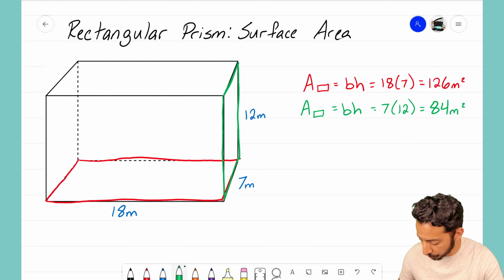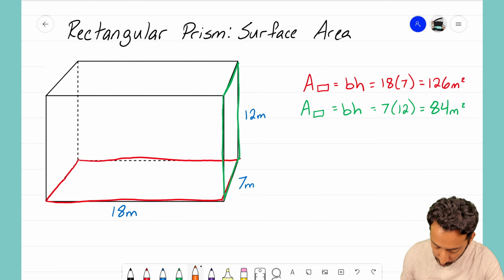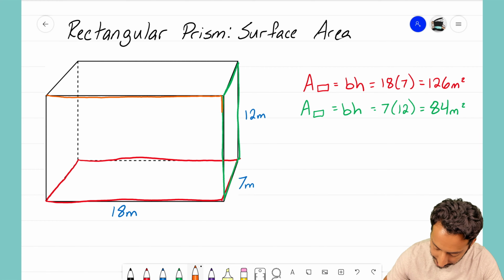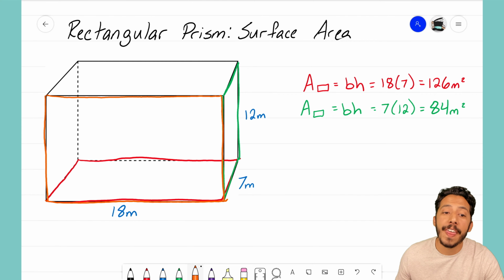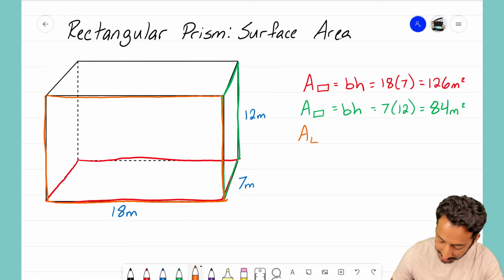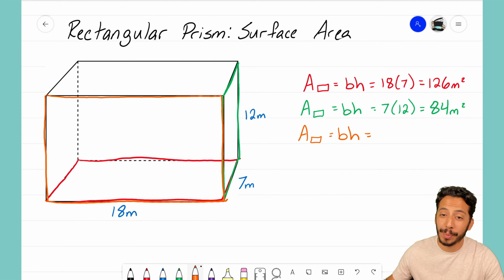Let's find a third side. I think what might be helpful for us now is if we focus in on the front side of this rectangular prism that I'm tracing out in orange. We want to determine that rectangle's area. Again, area of a rectangle, a nice easy formula, base times height. We see that the base there is 18 meters times its height.